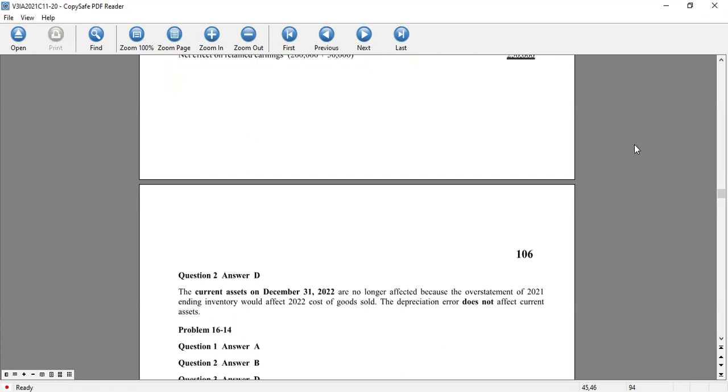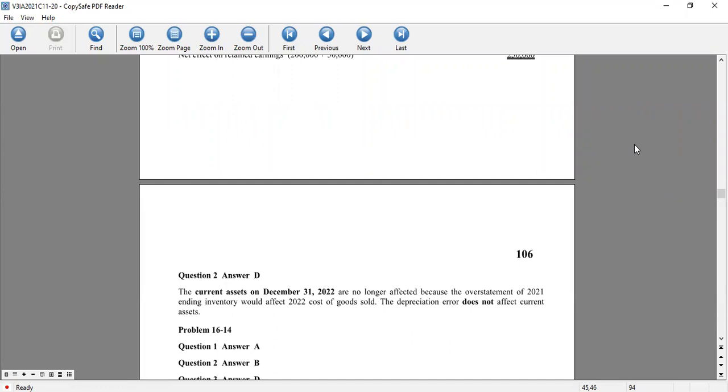Then we have now number 14, with question number 1. On December 31, 2021, fully depreciated machinery was sold for 100,000 cash, but the sale was not recorded until 2022.